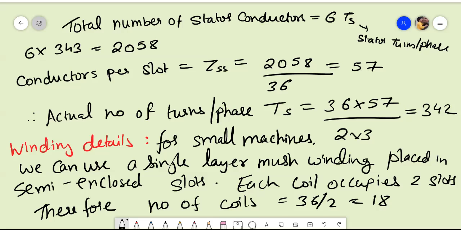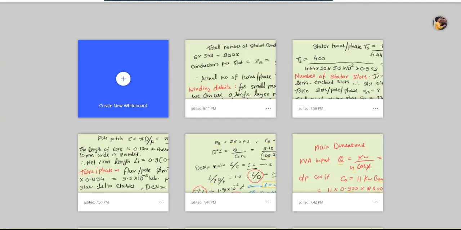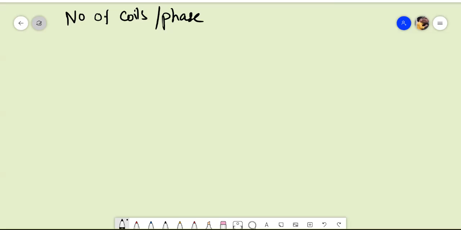And the number of coils per phase can be given as 18 divided by 3, which shall be equal to 6.